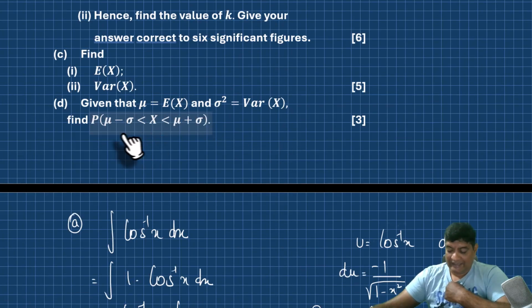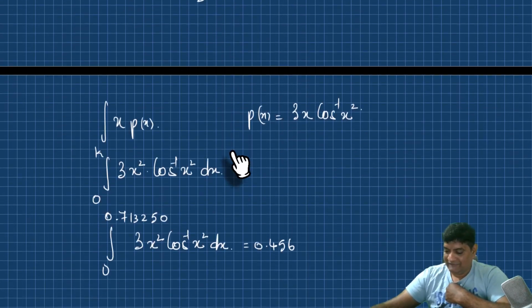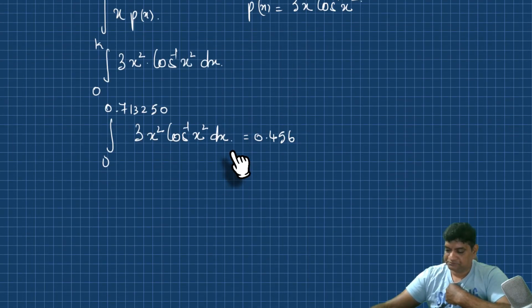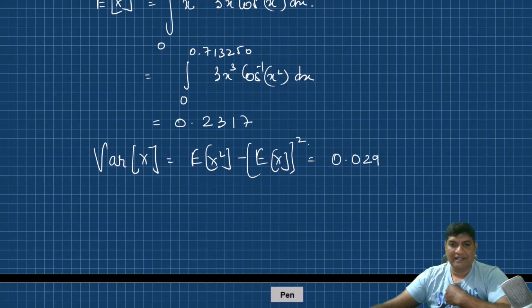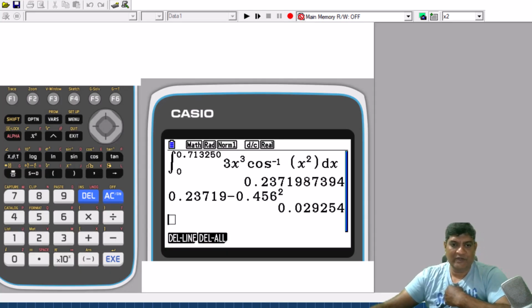The last part is to calculate the probability of the random variable being between one standard deviation away. What I do know is that the variance which I calculated, 0.029, this is the variance. From here, we're going to calculate the standard deviation, which is root of this number. So let me quickly do that.